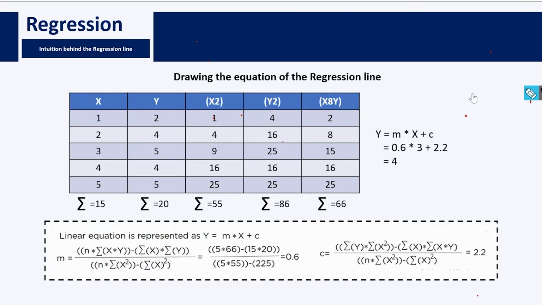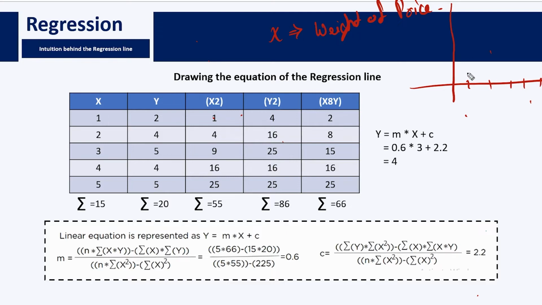This is my formula. Let's suppose this is my x, where x is the weight of rice, and let's suppose it is 1 kg, 2 kg, 3 kg, 4 kg, 5 kg. There are 5 points, 1, 2, 3, 4, 5.